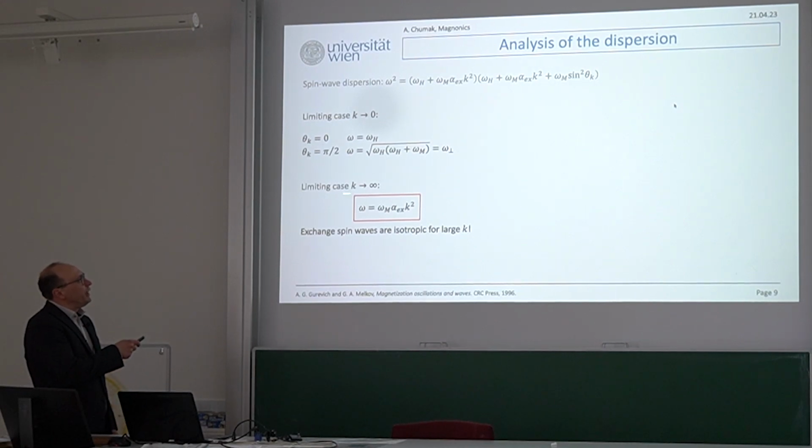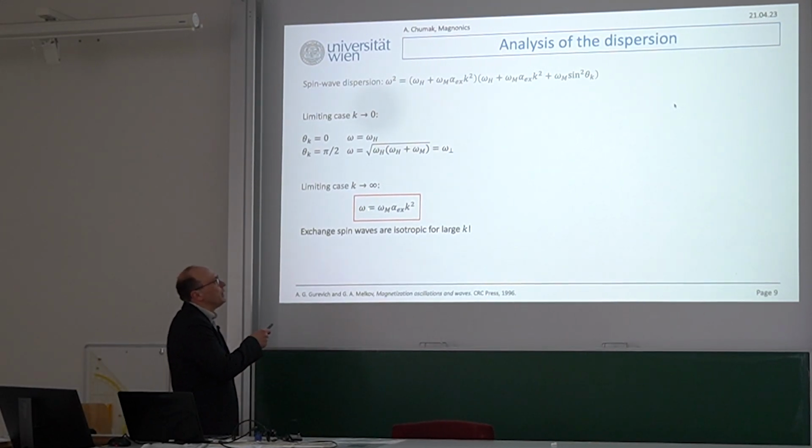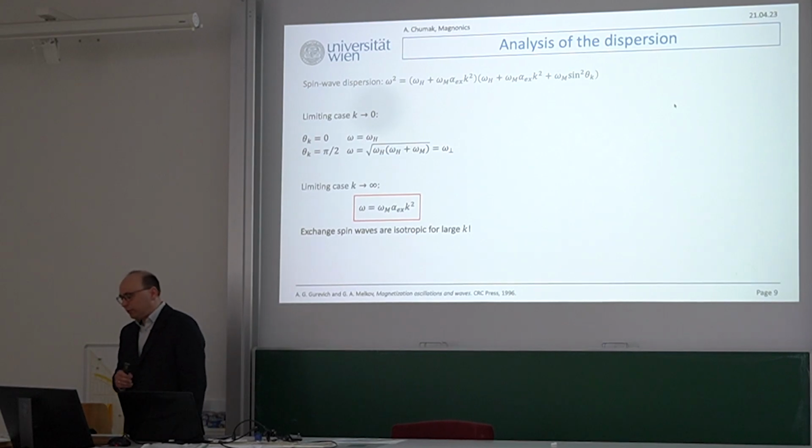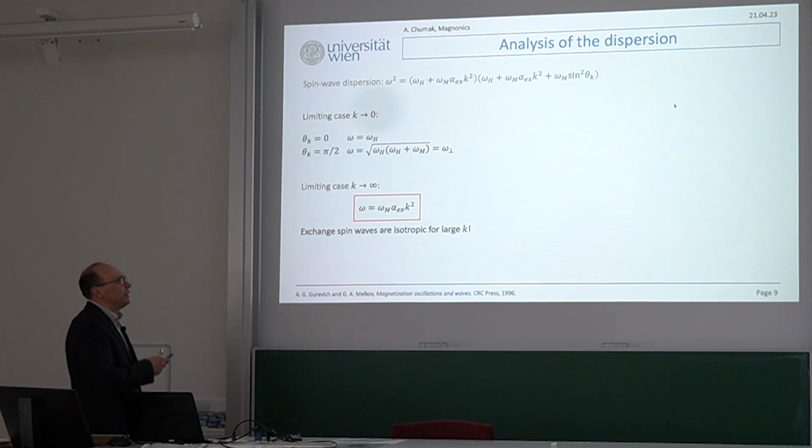What happens if k goes to infinity? Then principally this term disappears. This term also is much smaller than this one. And finally, we come to the original dispersion of the exchange spin wave defined by Bloch, where omega is proportional to k squared, and there is no angle inside.